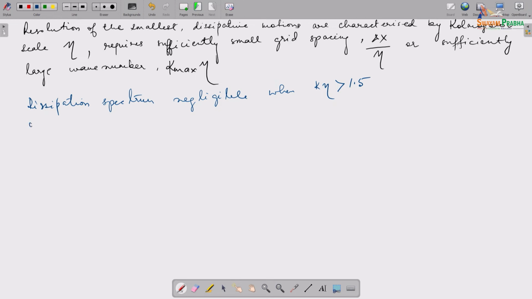In physical space, then, delta x by eta is equal to this.